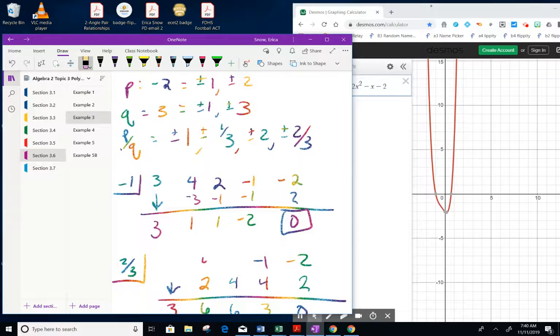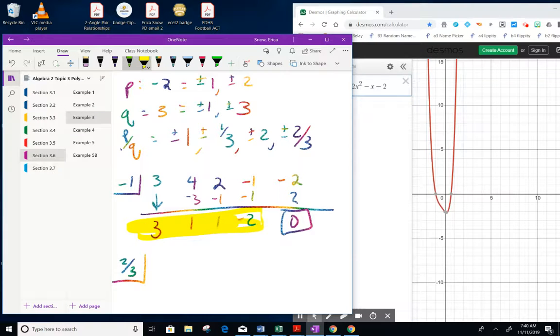Let me start over. What you do with this synthetic division is we're going to actually do it with the new stepped down polynomial. So we're going to use these as our coefficients because we know that this is x cubed, x squared, x, and that constant.